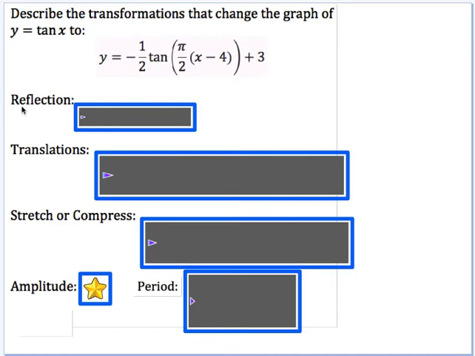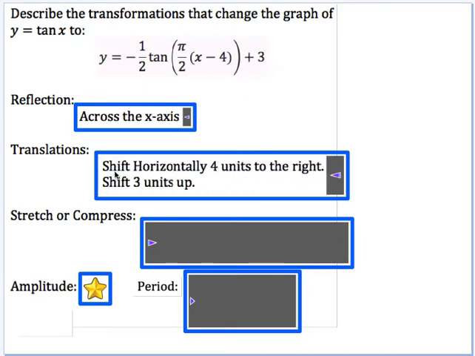The first one is for the reflection. Because you have a negative out here, you're going to reflect across the x-axis. So everything that was positive is now negative on the y values. For the translations, your minus 4 here has you moving to the right 4, and the plus 3 has you moving up 3. So you're shifting horizontally 4 units to the right and vertically 3 units up.